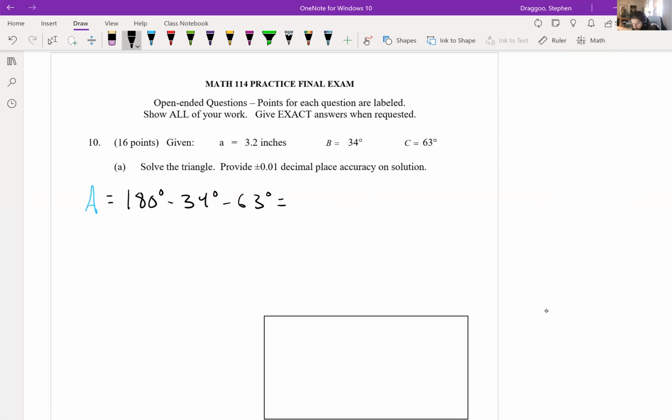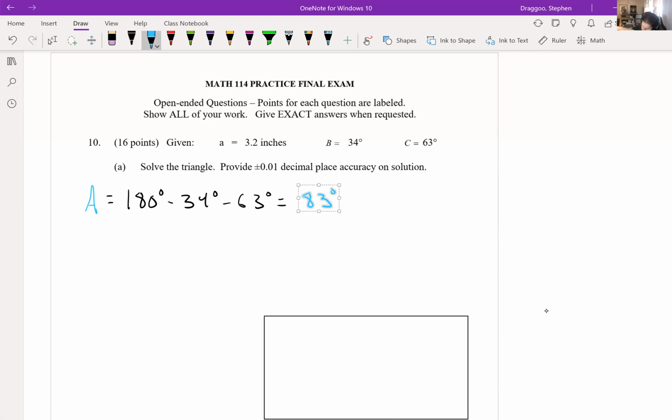So add those two up and we get 97. So it must be 83 degrees here for A. All right, and then it's law of sines from here on out.